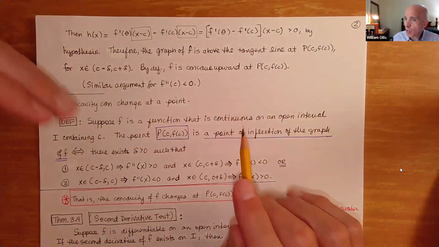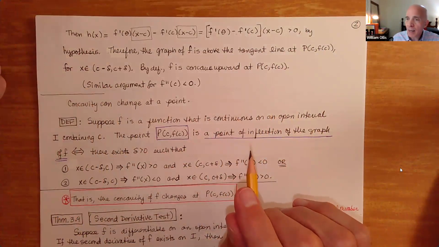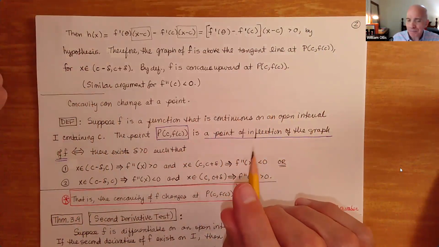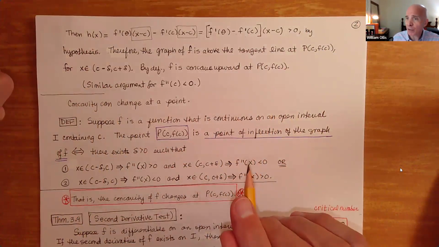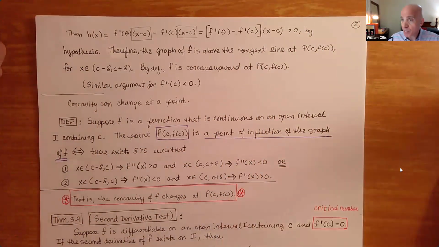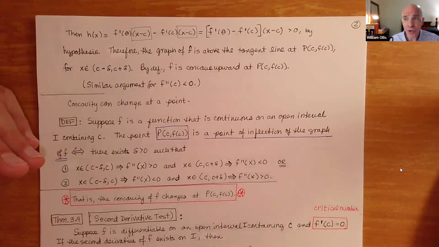So that's a very straightforward arithmetic argument that, again, showcases the great importance of the mean value theorem. The mean value theorem is central to what we're doing. As I've said before, it provides the necessary arithmetic between the slope of the secant and the derivative.